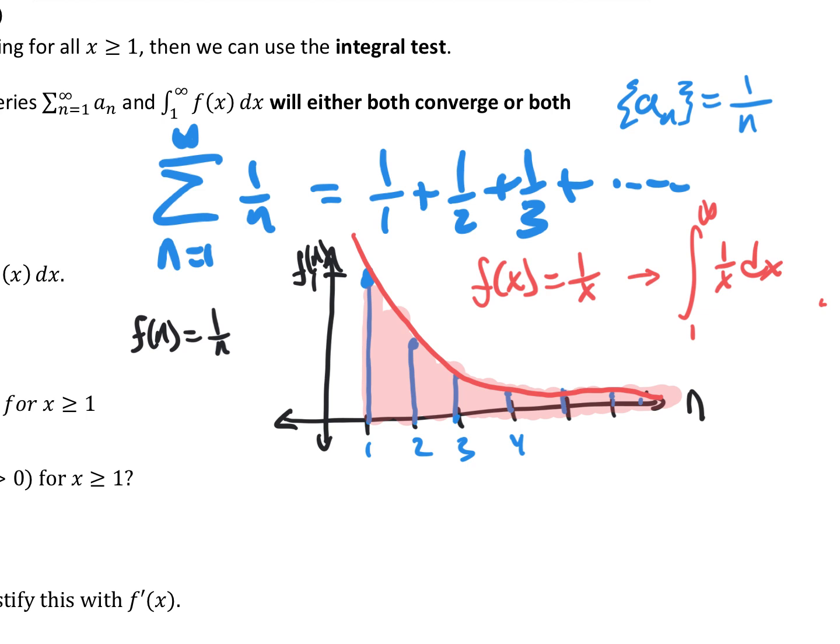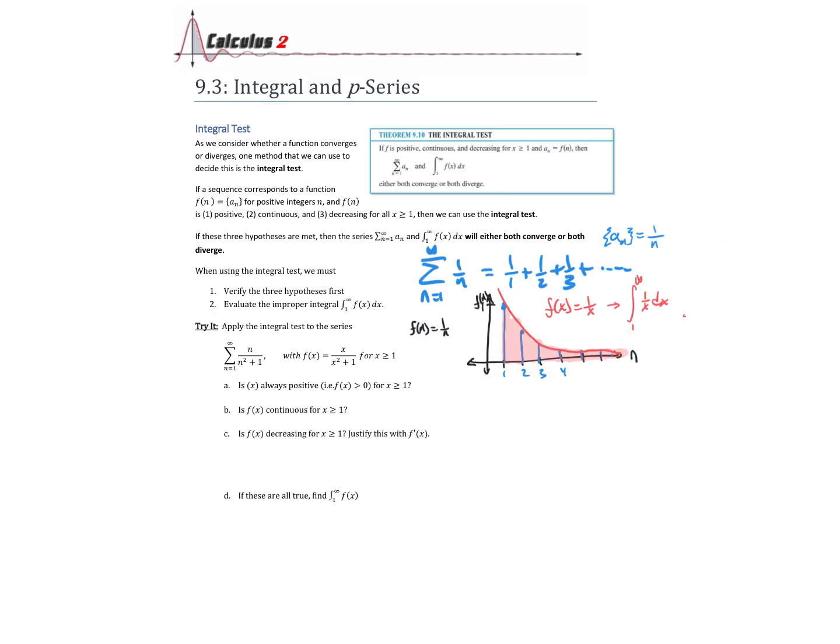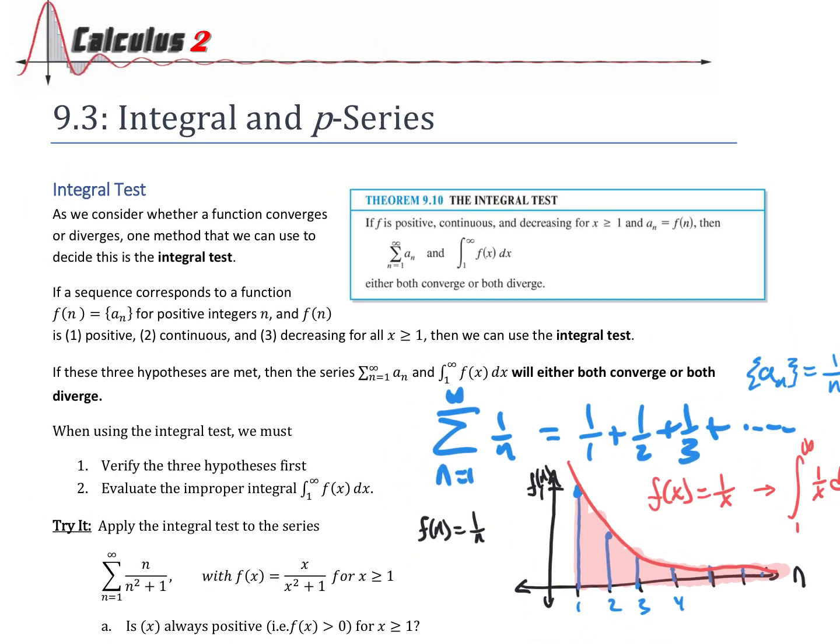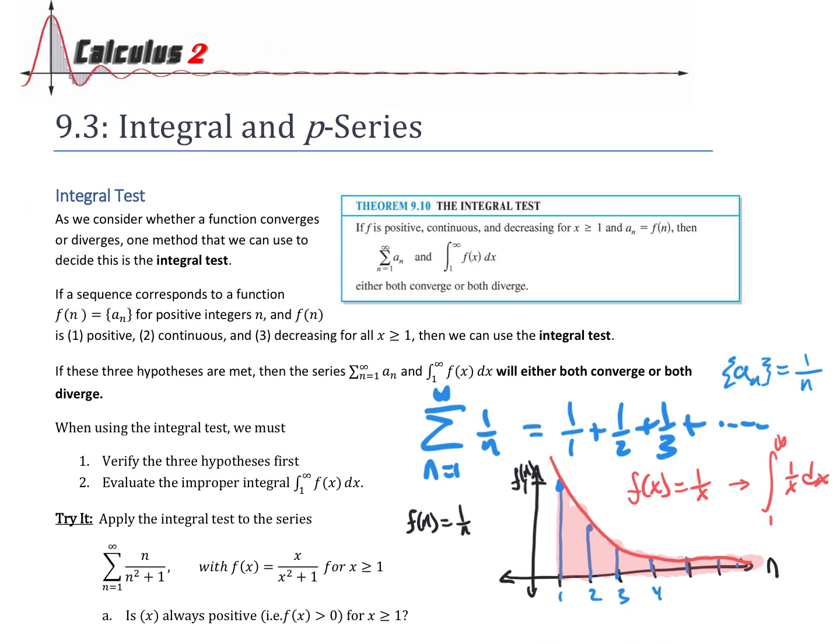The opposite of that is also true. If this improper integral diverges, then the summation of the series will also diverge. And that is basically what we call the integral test. So here's how the integral test works.